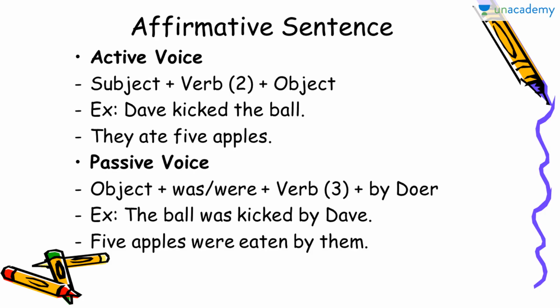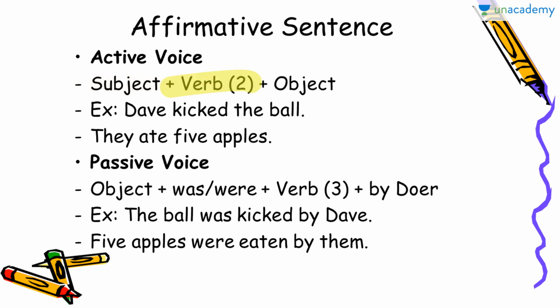Let's start with the first type of sentence, which is affirmative sentence. Affirmative sentence means a general statement, a positive statement. So in affirmative sentence, active voice starts with the subject, the person or group of people who are doing that thing.